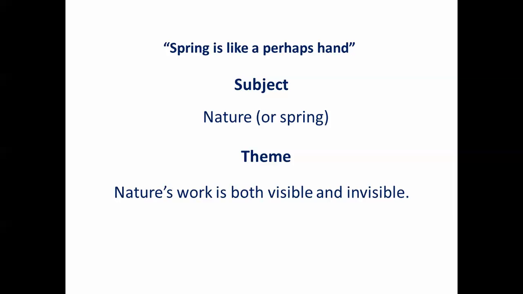And even though over time we can see the grass turning green, the flowers blooming, the weather becoming nicer, at times we're blind to just what a miracle that is. It's like an invisible hand working miracles. This poem, like most of E. E. Cummings' poems, is not as hard as it first appears if we know how to approach it.